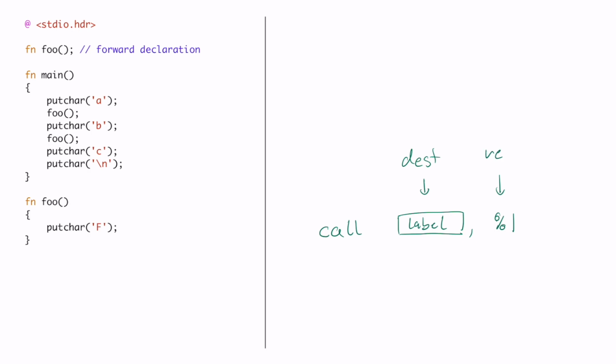Actually, there are 2 instructions for function calls provided by the architecture. The first instruction expects as first operand an immediate value. So here you can specify a label, which will be used as an offset for a jump. So you can specify here where you want to jump to. And the second operand will be used for leaving behind the return address.